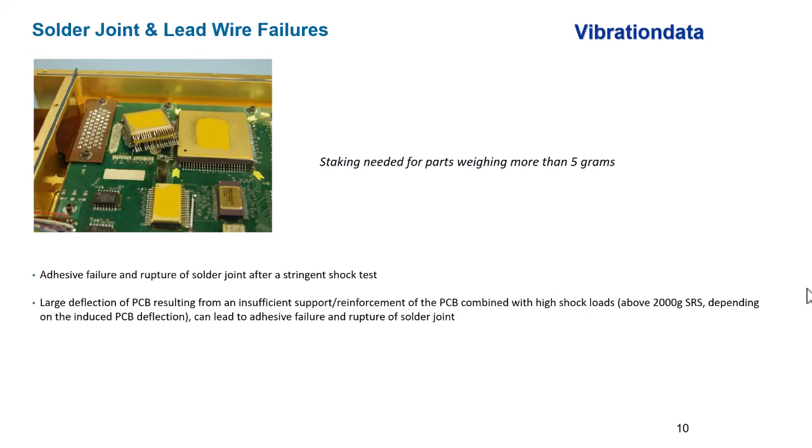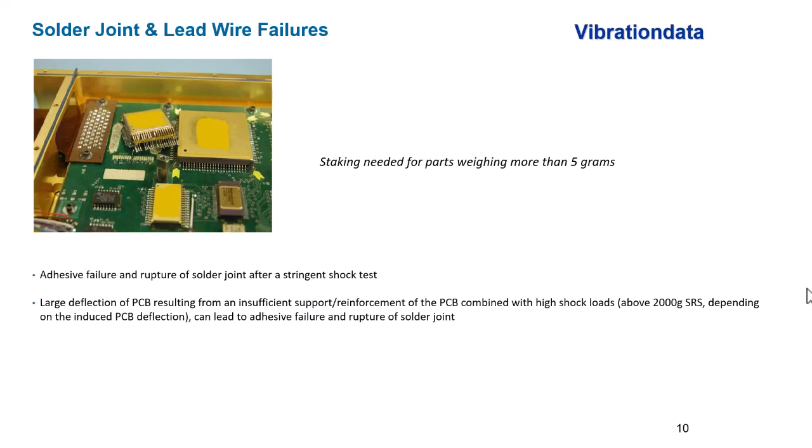Now, in some cases it's not just a single solder joint failing, or it could be the whole piece part detaches from the circuit board. I've actually seen this. This is what can happen particularly in shock testing. So think about that pyrotechnic simulation using mechanical impact method like we saw in a previous slide.